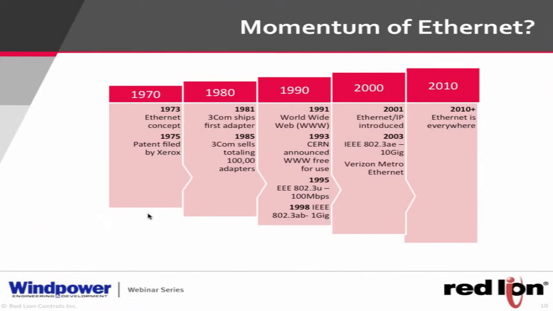And just a little trivia if you guys are into that, Bob Metcalfe later went on to form 3Com, a company that he ran for quite a while, very successful. They got their start in making Ethernet adapters. You can see in the 80s, 3Com ships their first adapter in 81. And in 1985, 3Com sells 100,000 adapters worldwide. So that's a big jump.